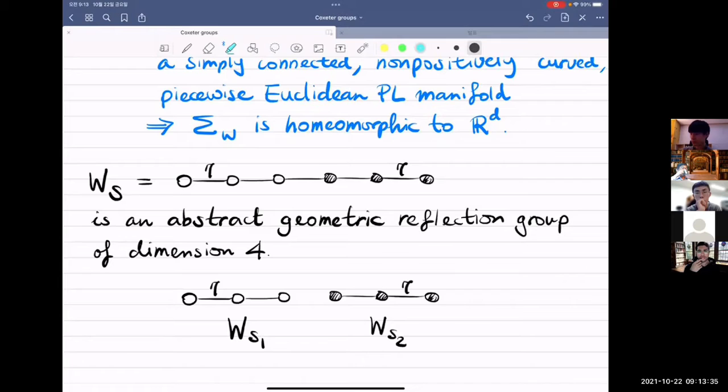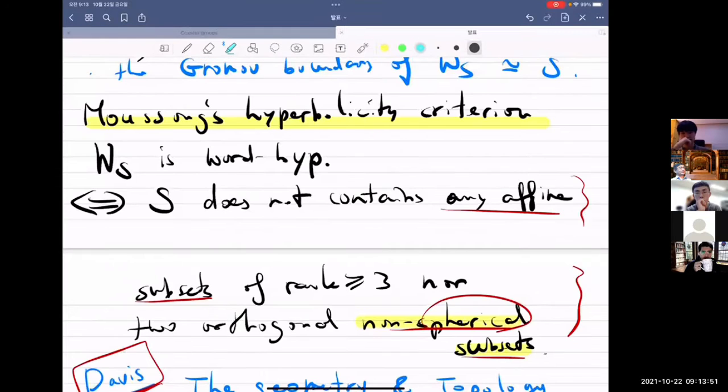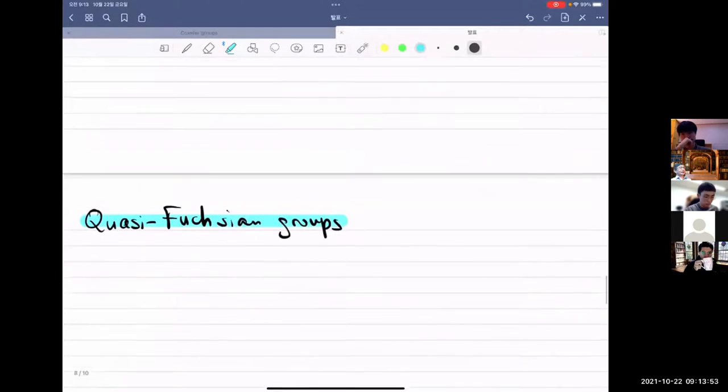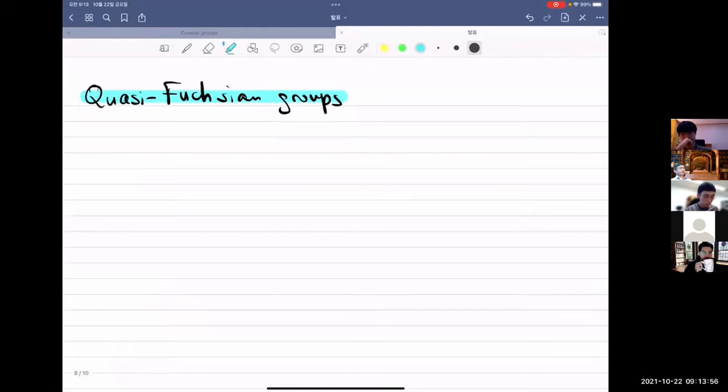Today we want to construct some interesting examples using those Coxeter groups, particularly this Coxeter group W_S. The second lecture's title will be Convex Co-compact groups. Let's begin with what is a convex co-compact group.